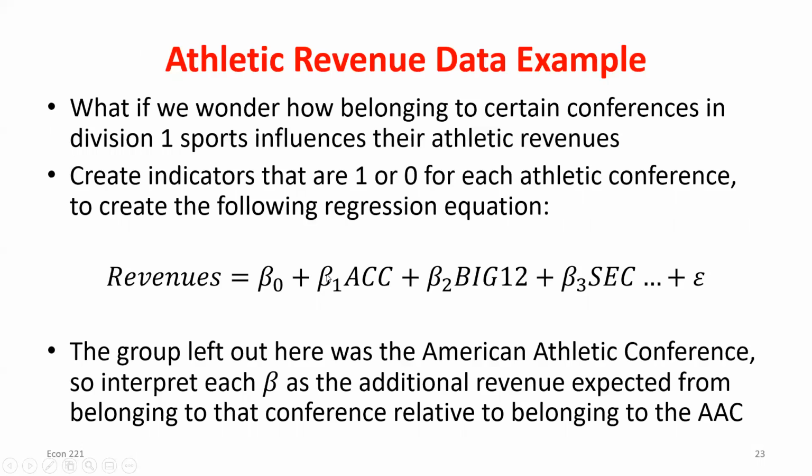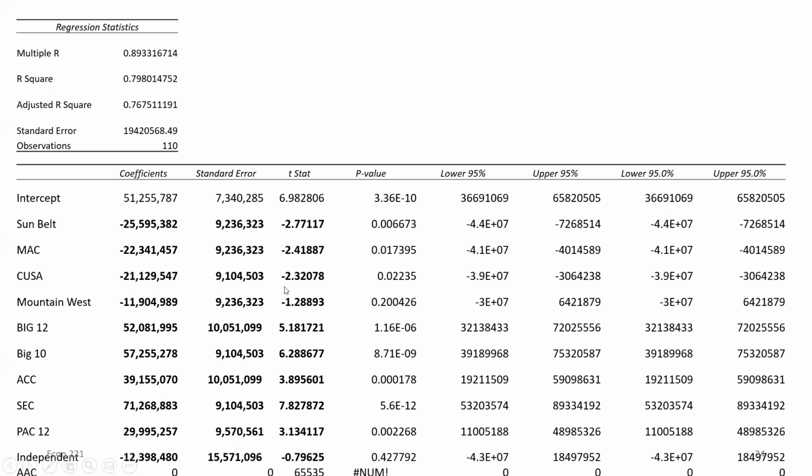So 0 times, it doesn't matter what that coefficient estimate is, because anything times 0 is 0. Add all those zeros up, all I'm left with is whatever that intercept is, okay? So whatever group you leave out, the intercept there would essentially be their predicted Y value in this case, predicted revenue. Okay?